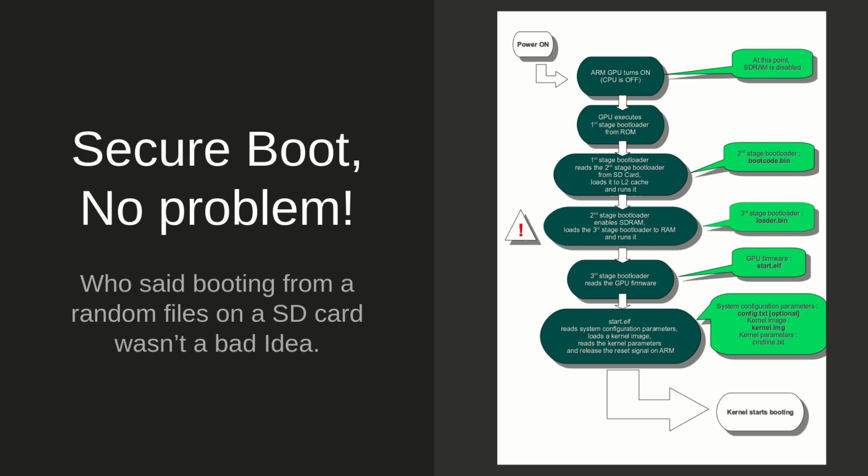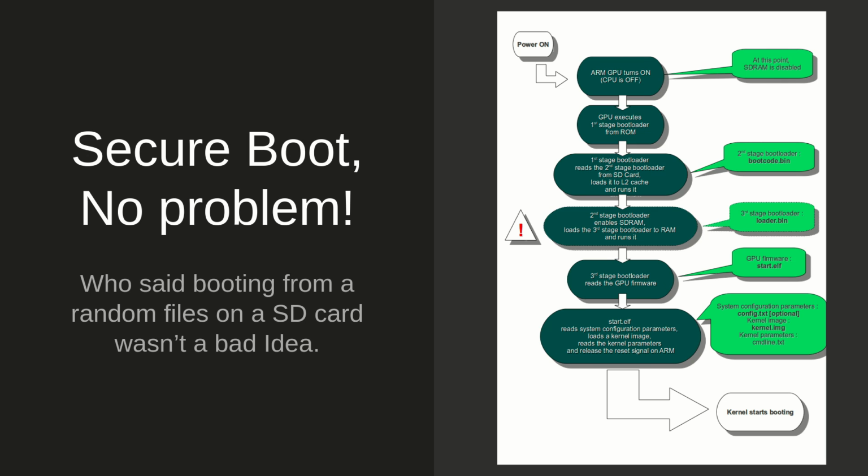When you first turn on, it actually turns on the GPU. The CPU is still off. The GPU is a VideoCore, I think VideoCore IV, on the Raspberry Pi 3.